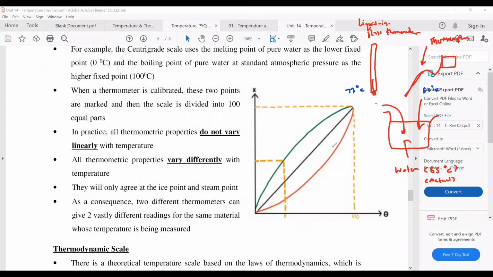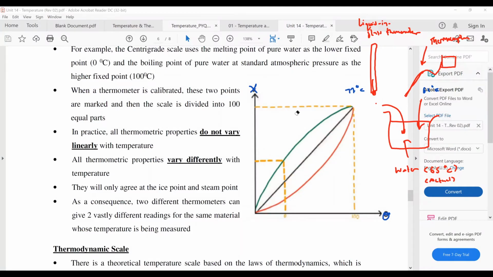So if I wanted to show an example, it could be something like this. If this is your thermometric property and this is your temperature theta, the assumption was that the thermometric property should vary linearly with temperature.